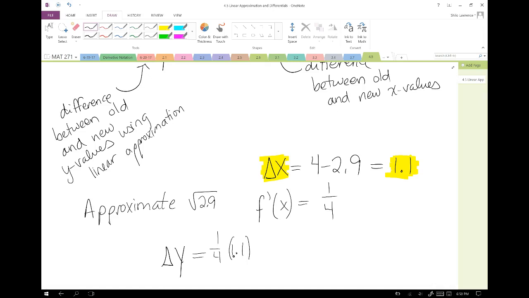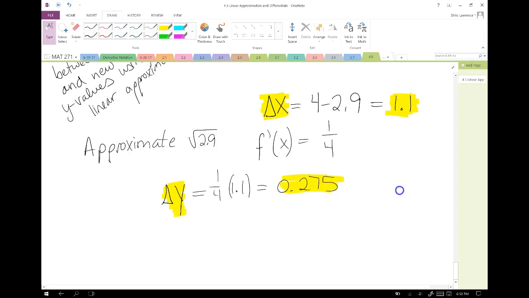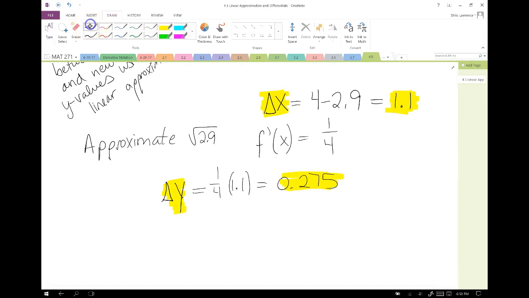So when you first get this answer, it's not going to look right. But we're not done. This is saying that the change in the y value is 0.275. Well, change in y means whatever our y was initially, it's going to change by 0.275.